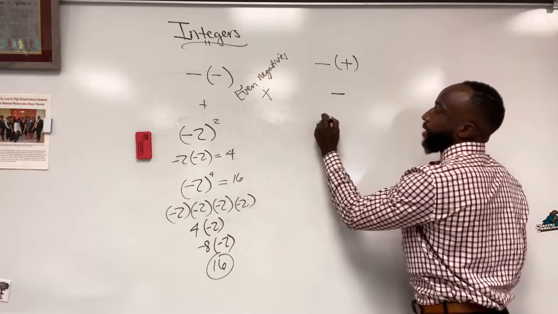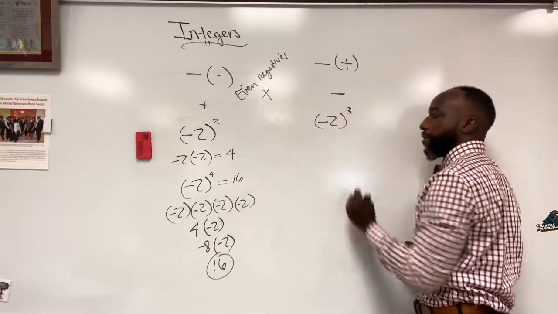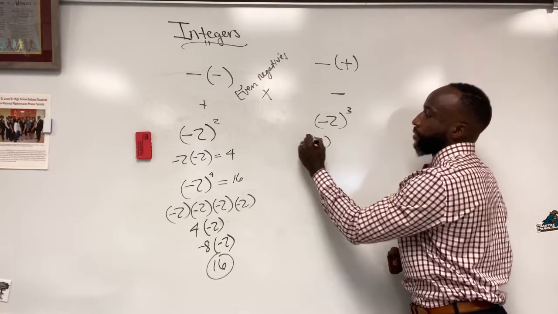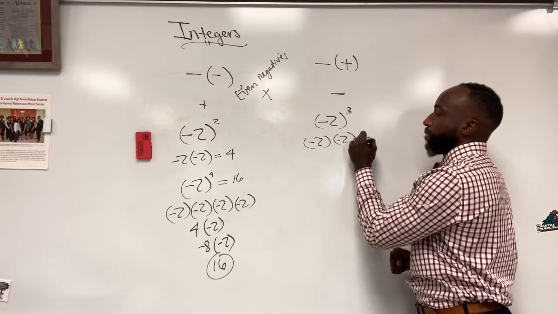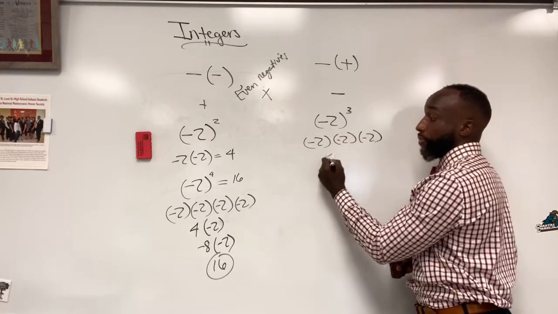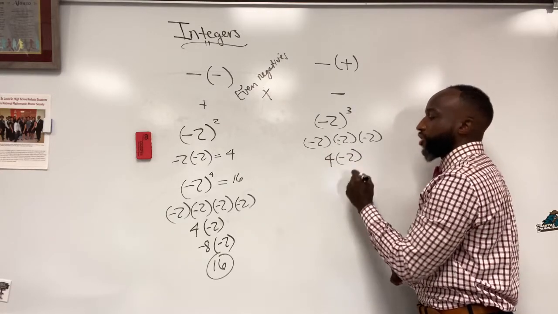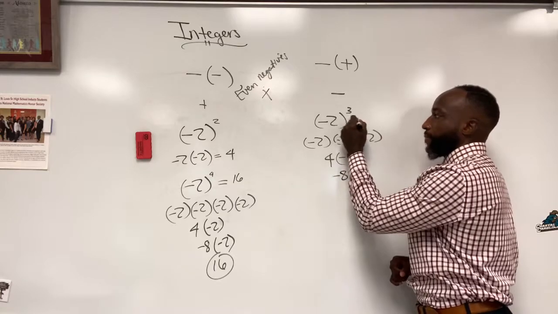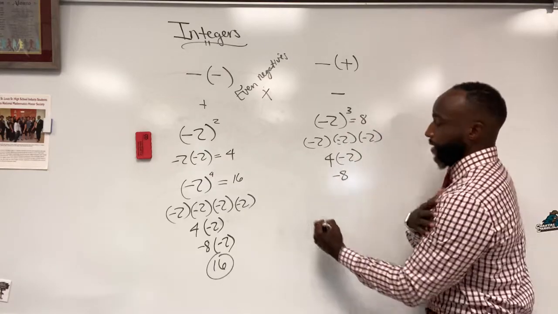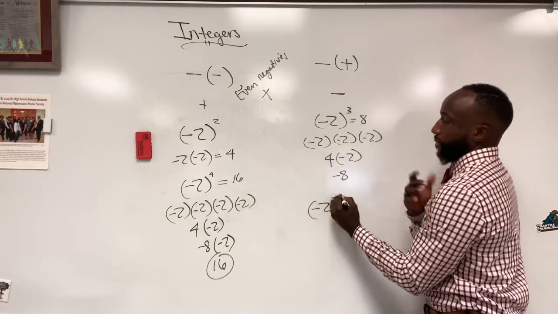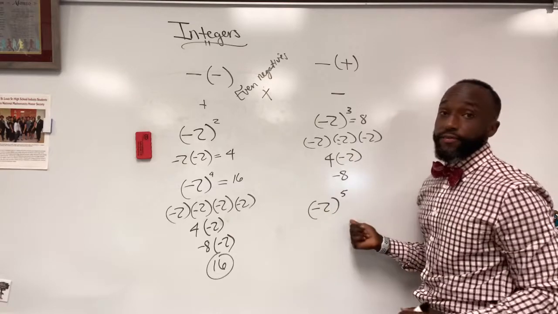So if I had -2 to the third power, that's -2 times -2 times -2. -2 times -2 is a +4, that's even, 2 of them. But then when I multiply a third one, I get -8, all right? Same if I did -2 to the fifth power.